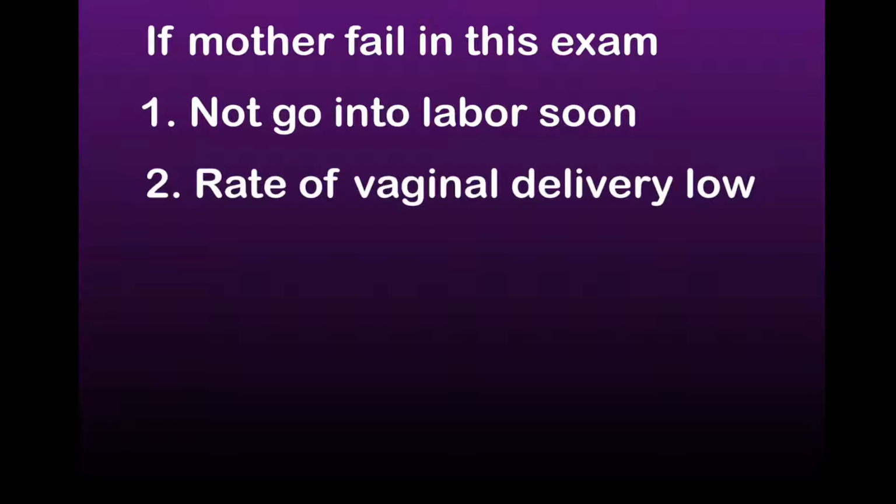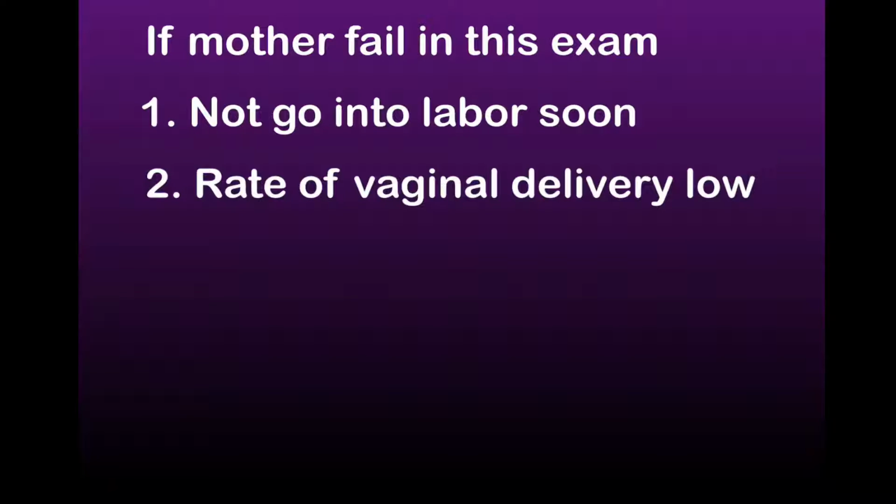Another woman comes to you at the clinic. When you examine her by Bishop score, the score is low, it is 2, and she complains that she is at 42 weeks of pregnancy and expects to be delivered, but she has no sign of labor.